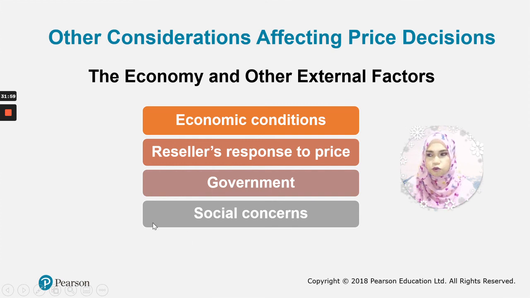Social concerns could be anything from consumer unions or consumer clubs, but here in Malaysia we call it the consumers union, or under the Ministry of Consumers, whereby people complain about certain prices being set so high, and that is when the government actually intervenes in that particular price setting.